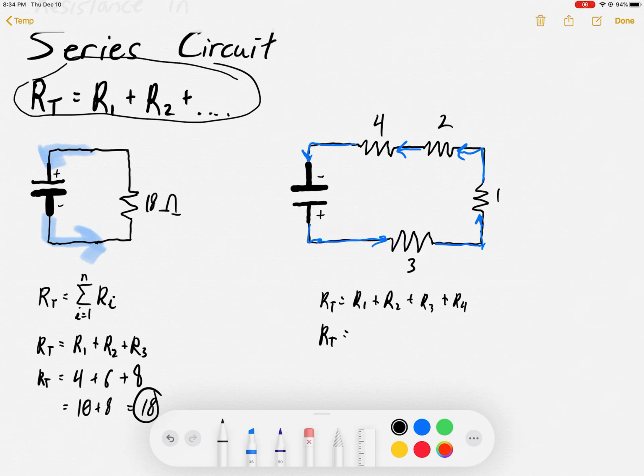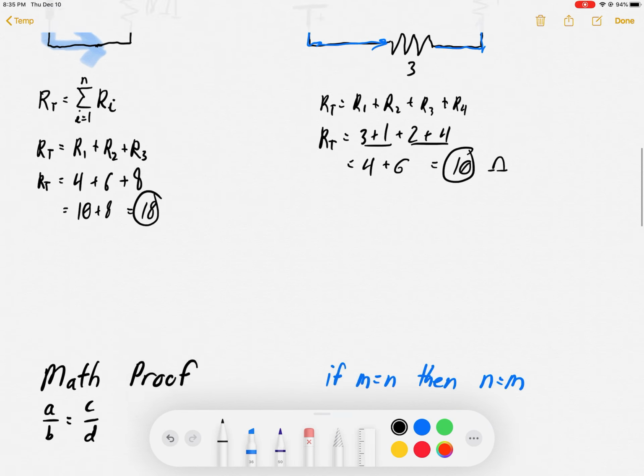So the total resistance is just 3 plus 1 plus 2 plus 4. 3 plus 1, that's going to be 4. 2 plus 4 is 6. And so 10. So that total resistance is going to be 10 ohms, which you just give me the number 10.